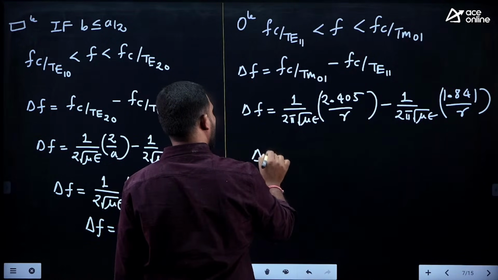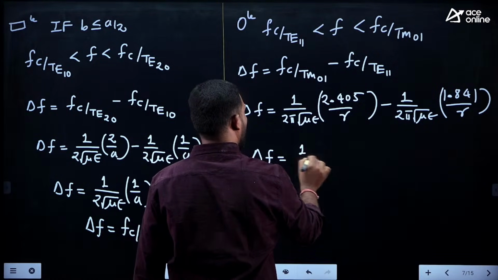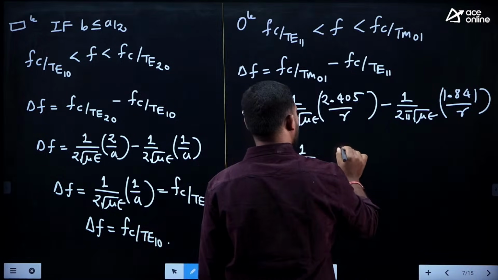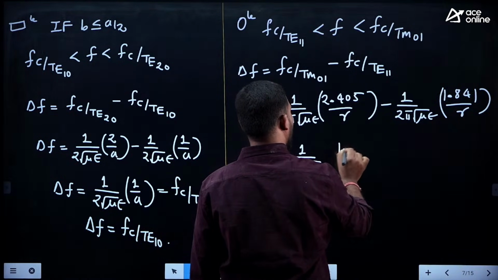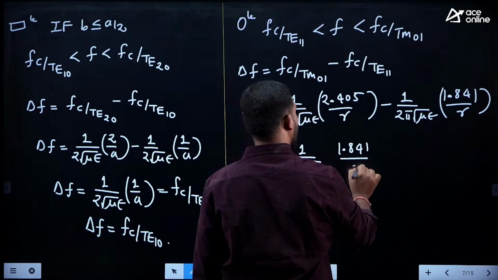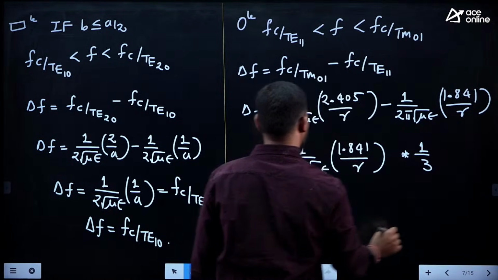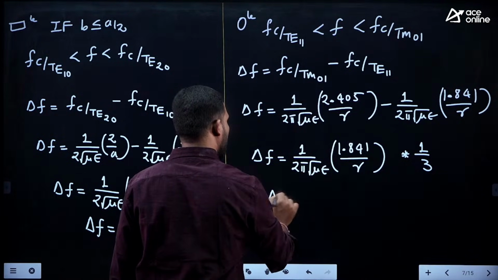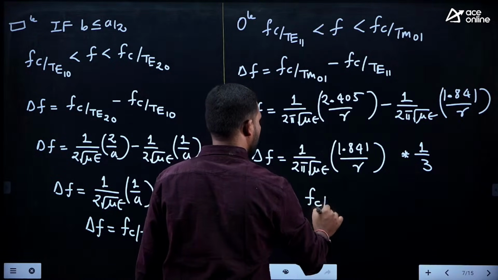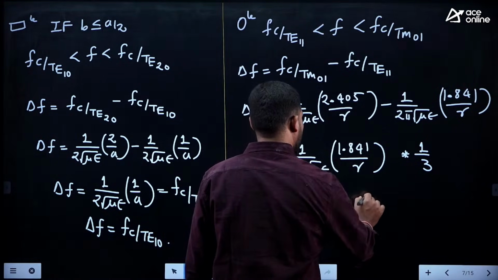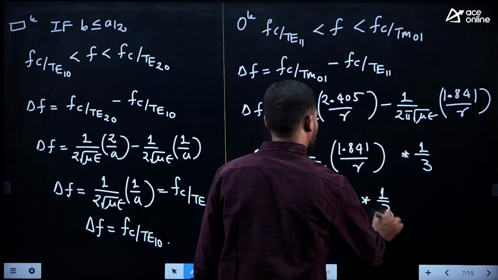You can check out this one. 1 divided by 2 pi square root of mu epsilon into 1.841 divided by R into 1 by 3. You can check out. So this is nothing but the dominant mode. Delta F is equal to, actually this is FC, you can take this as a theory question, into 1 by 3.